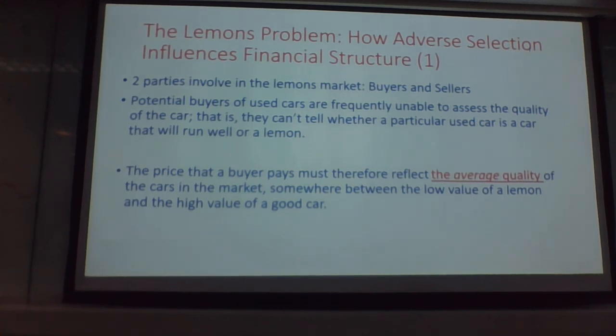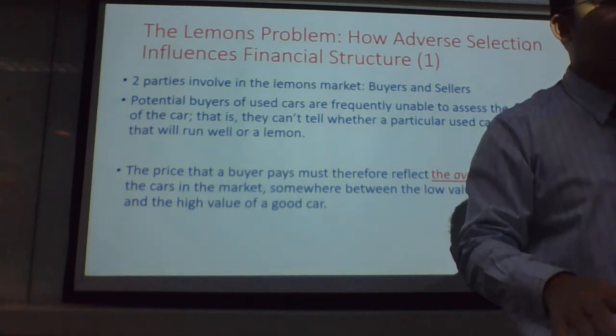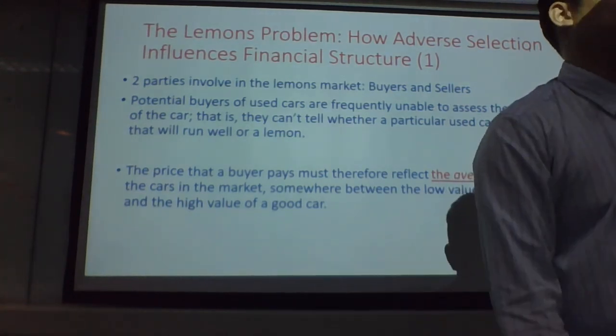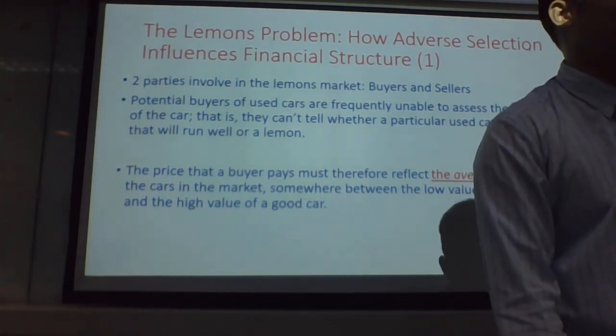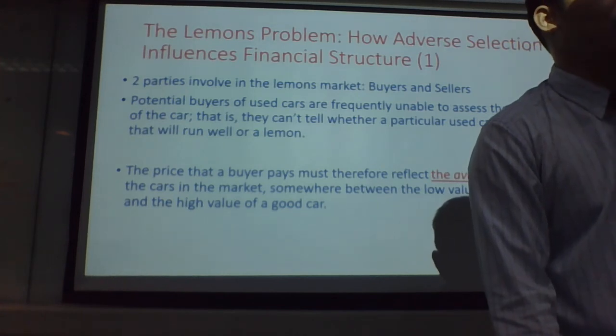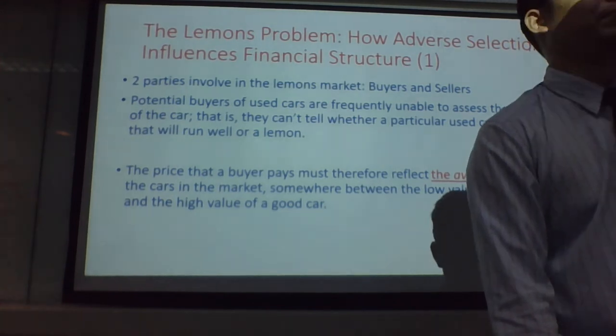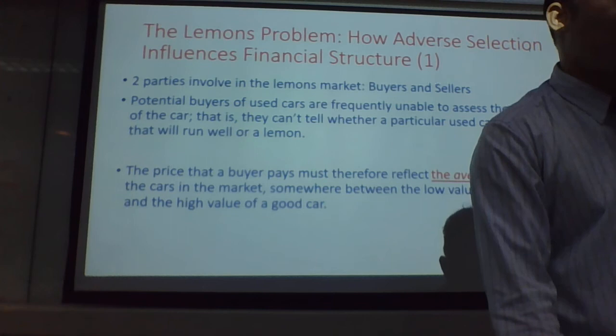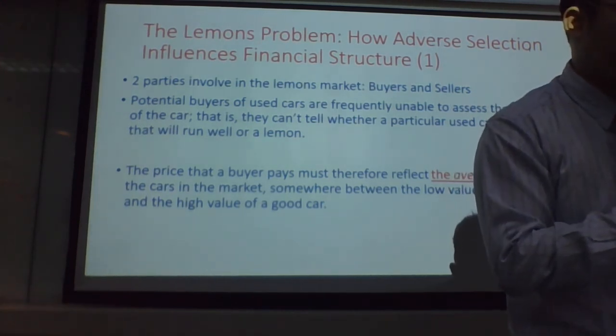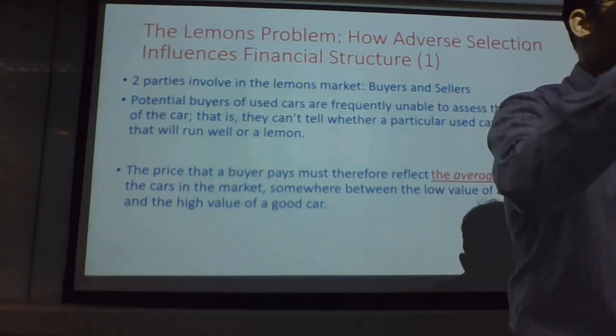Okay, let's take it in another way. Suppose that you own a car and you know that this is a very bad car, and the dealer offers you the average price. Will you sell the car or not? Normally, a low quality car will have a price less than the average.